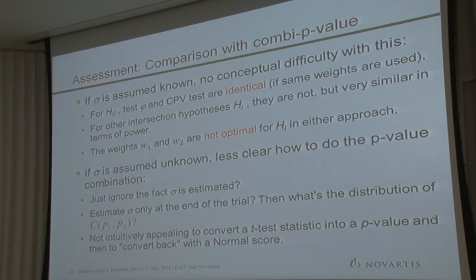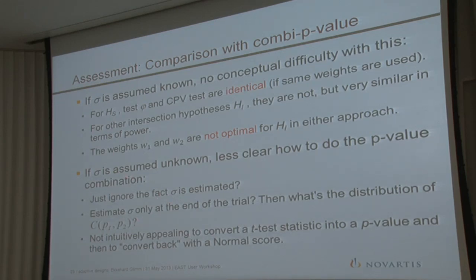So that might be an explanation why my hope, I was kind of hoping I had this idea that this back and forth transformation with the t-test statistic that is going on when you do a combination p-value approach might hurt power. But in this case, it didn't do that.